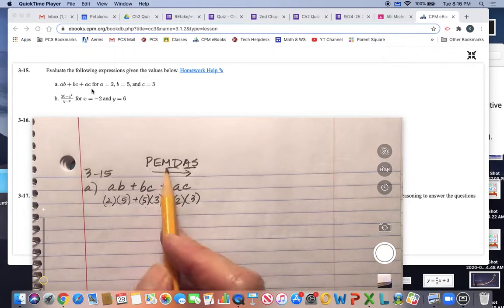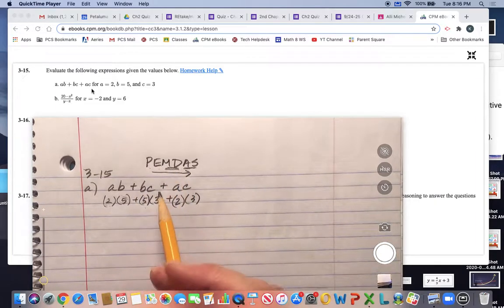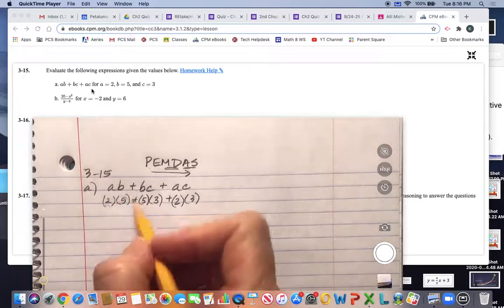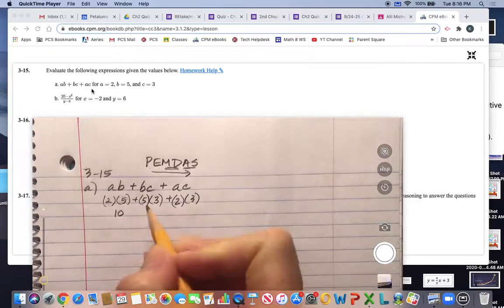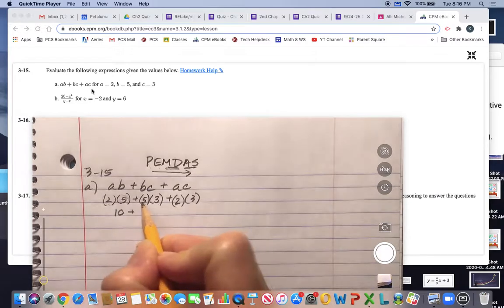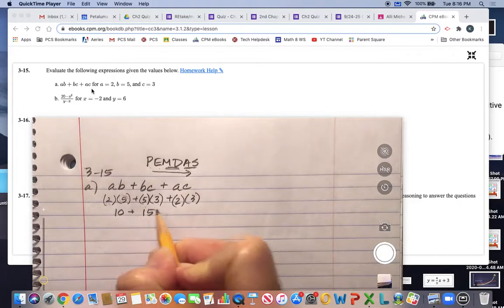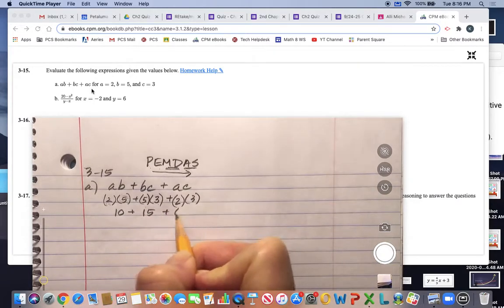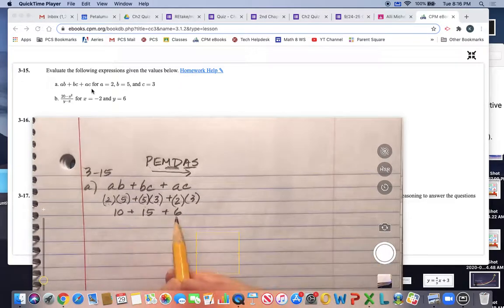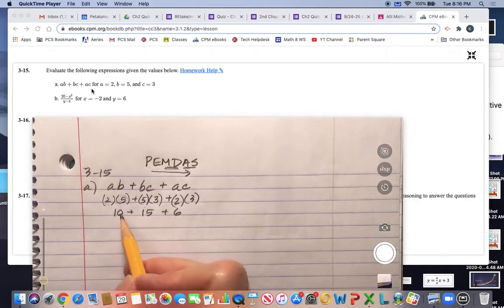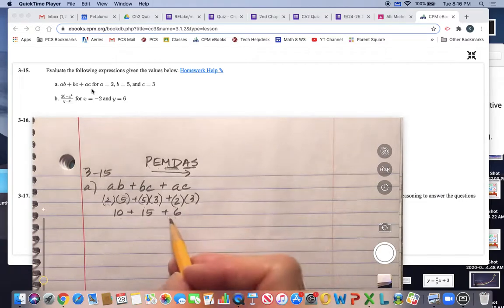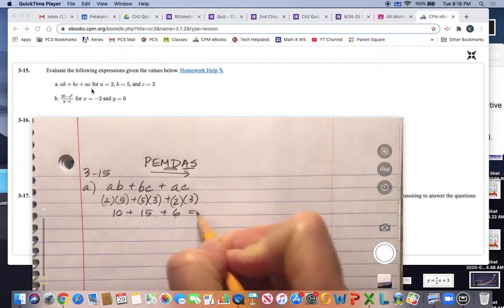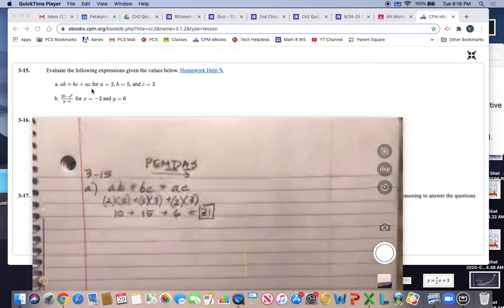We have no exponents. So let's do the multiplication or division. Here we've got two numbers multiplied together, 2 times 5, and then 5 times 3, and then 2 times 3. Okay, so now that we've done the multiplication, we can add them all up. 10 plus 15 is 25, plus 6 is going to be 31. So there's our answer to A.